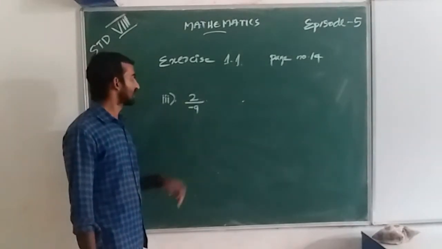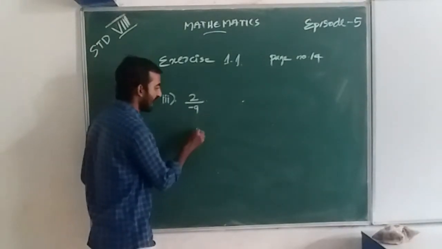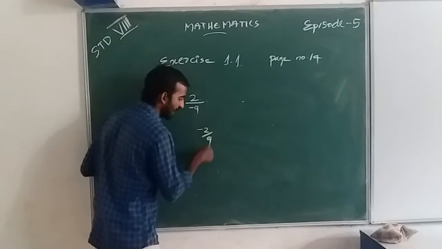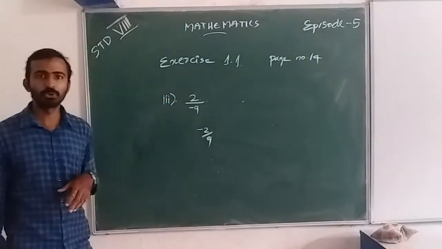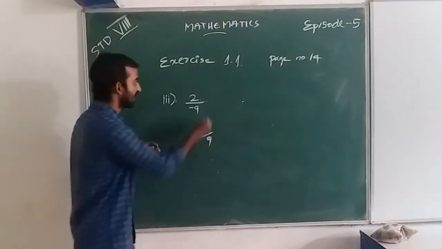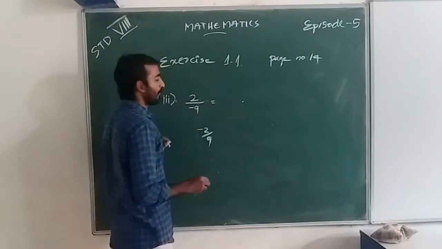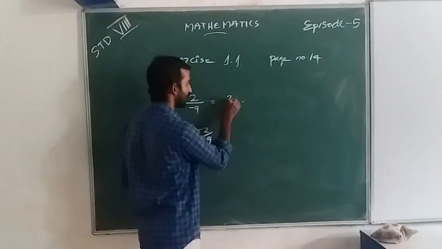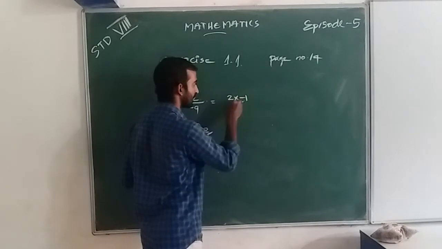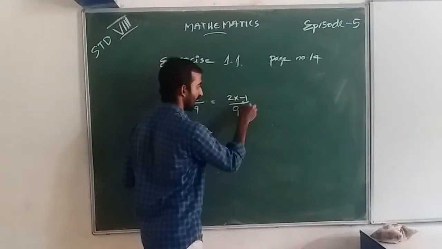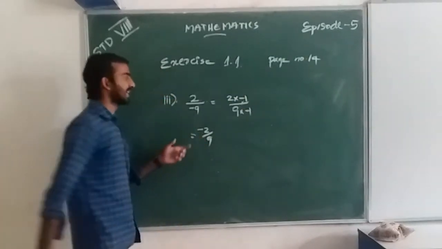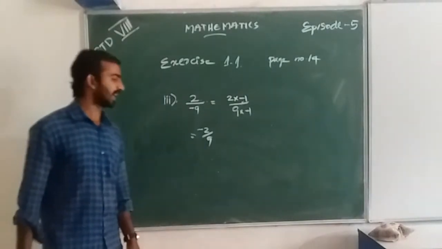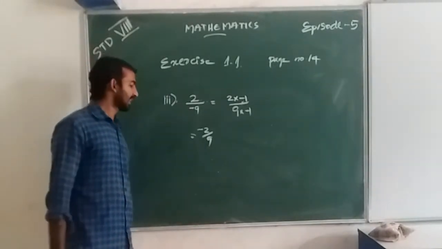We can rewrite 2 by negative 9 as negative 2 by 9. We multiply by negative 1 and we get the answer negative 2 by 9.